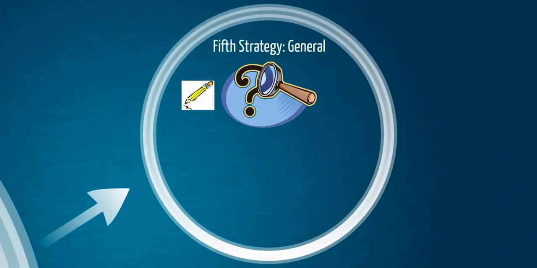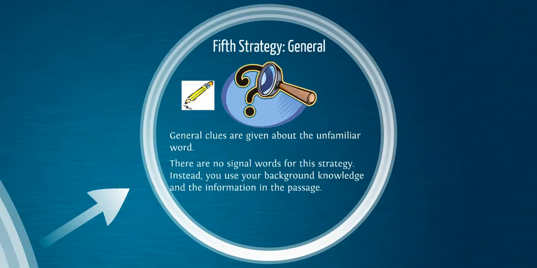Okay, the fifth strategy is just a general context clue. There won't be necessarily anything specific, but there's enough information given in the sentence or in the sentences around it that you can figure it out. There are no signal words, like I said, but use your background knowledge as well as the information in the passage to help you figure it out. Let's look at an example. I appreciate the way you encourage me. I won first place. So let's say you didn't know what encourage meant.